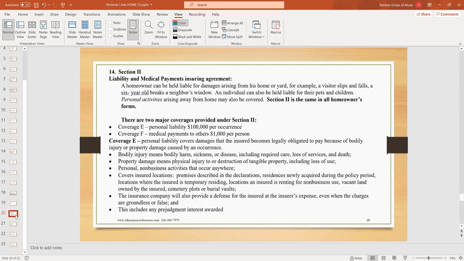Now, we've talked about Section 1 property. Okay, now there is also a Section 2 in all your homeowner forms, but I do want to review a little bit. I'm going to share my screen with you to the whiteboard here. And I just want to summarize this Section 1 for you.